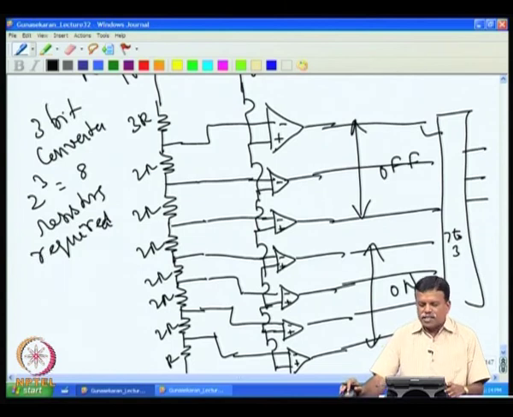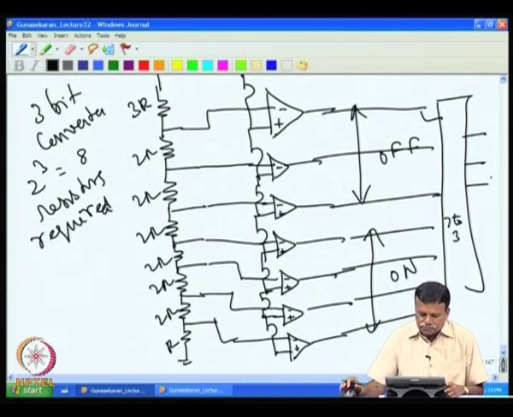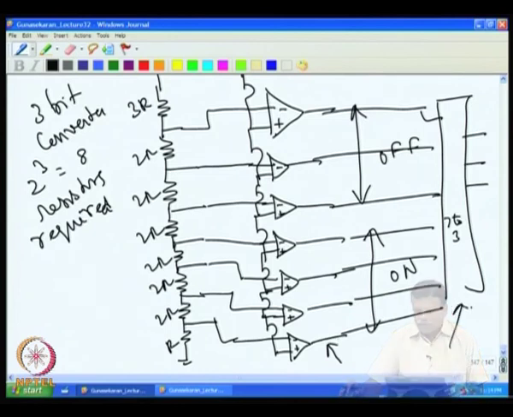Now, essentially what we are doing is comparing the voltage to make sure that the corresponding output pins are going high in the comparator. The advantage here is that the conversion time mainly depends upon the response time of the comparators and the logic conversion time.